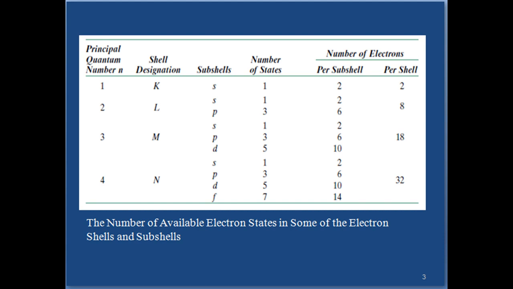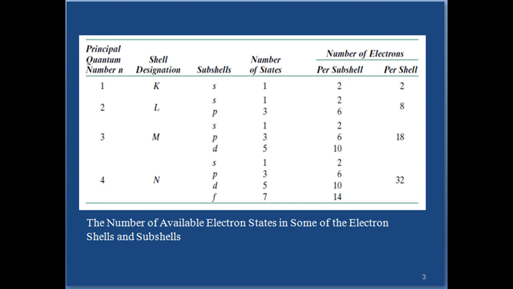The quantum number dictates the number of states within each subshell. Shells are specified by a principal quantum number, which is identified by letter small n, which may take on integral values beginning with unity.